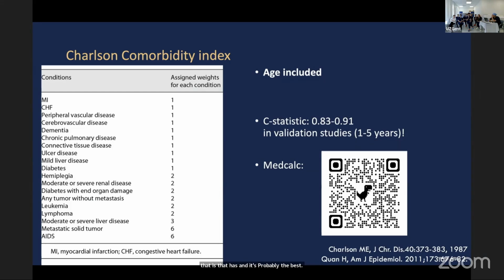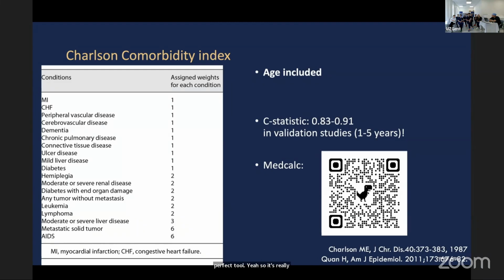It has a C statistics of 0.75 to 0.85 in different studies. And this has even better. MELD score is very good. Every new model is compared to MELD. So a C statistics of around 0.9 is almost a perfect tool. Yeah, so it's really accurate.